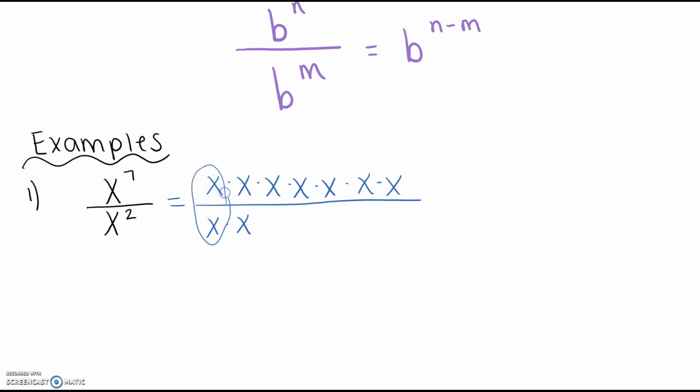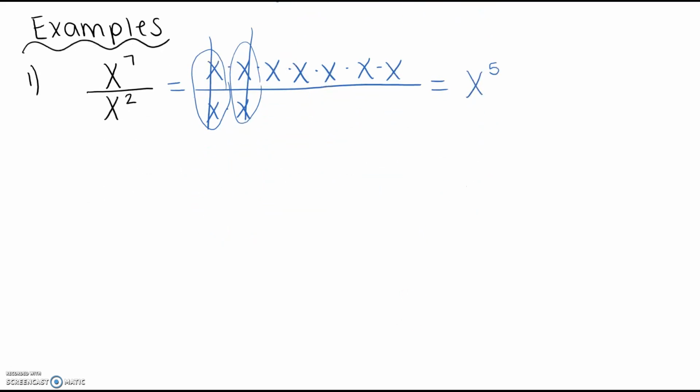X divided by x is going to cancel out and be 1. We have another x divided by x, which cancels out and is 1. So this simplifies to be x to the 5th. Okay, that's going to happen every time, and so that's how we get this idea of n minus m. We reach that conclusion by saying, hey, look, every time I have a certain amount of variables up here and down here, they'll cancel out, therefore I can subtract. The big thing is they have to have the same base.